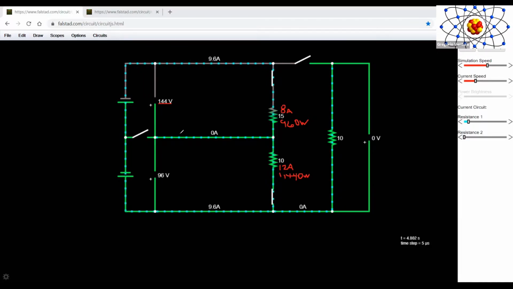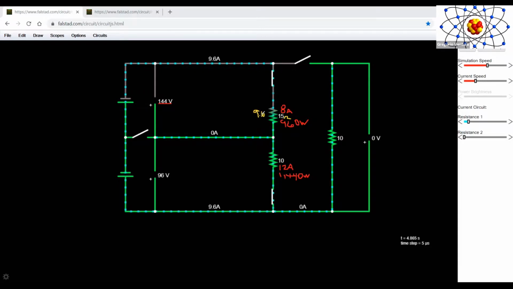So you can see the unbalanced current through the neutral conductor. Once more, because this value is not going to change on a regular load, we have 15 ohms, and we have here 10 ohms. But now we have 9.6 amps flowing through this conductor.